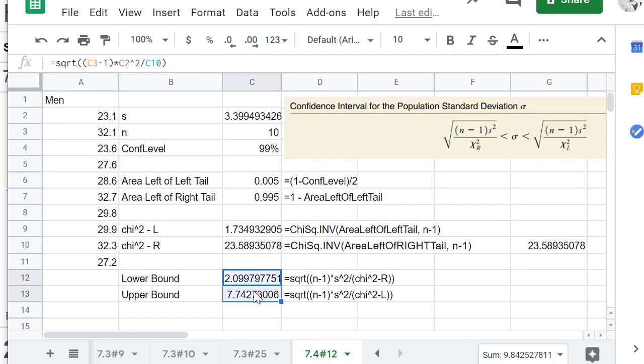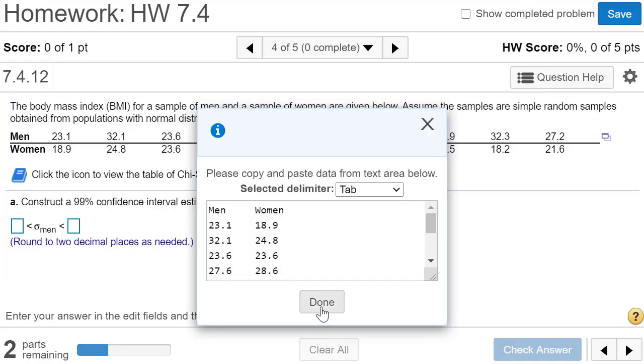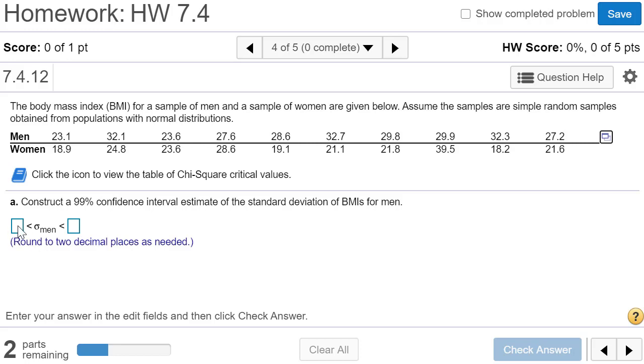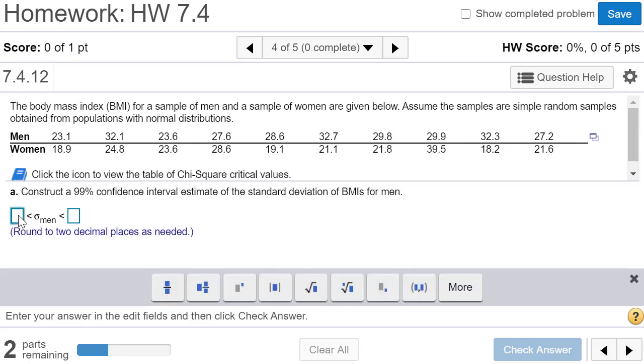So let's highlight this and round off to just 2 decimal places, and that'll be 2.10 and 7.74. Let's try that. 2.1 and 7.74.